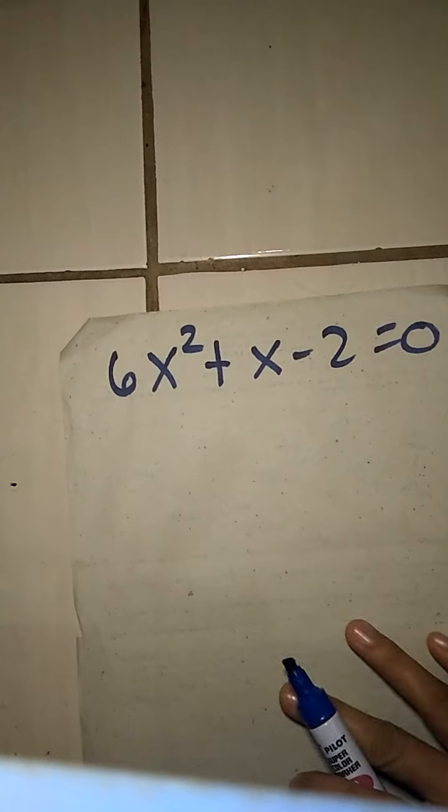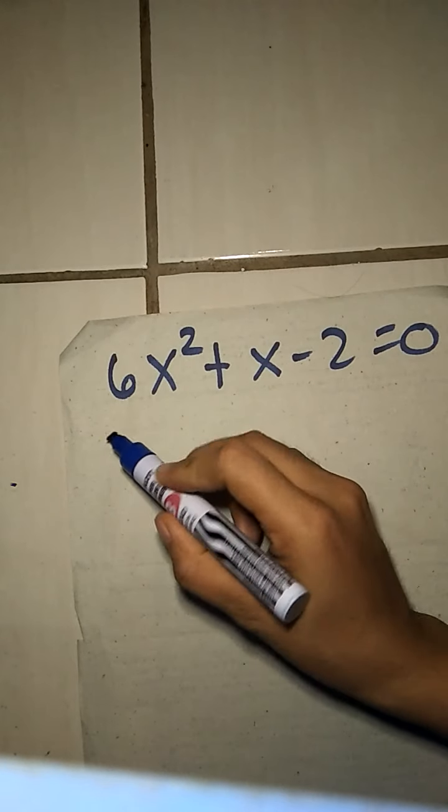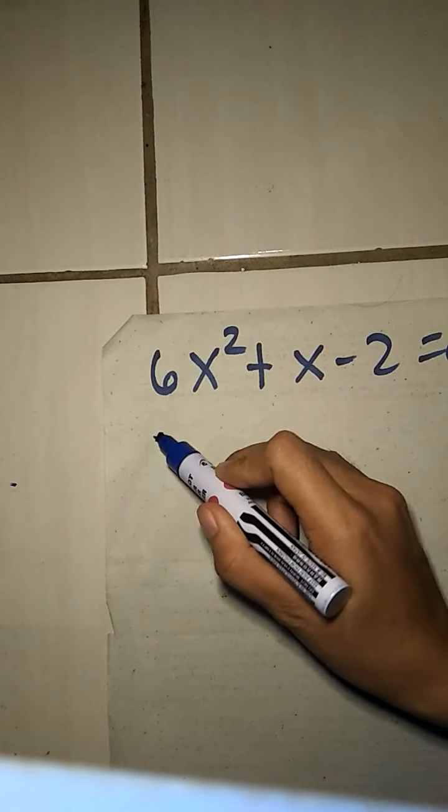Okay, help me to answer. We have a given 6x squared plus x minus 2. Okay, so first, we are going to find the value of a, b, and c. So, what is a here?